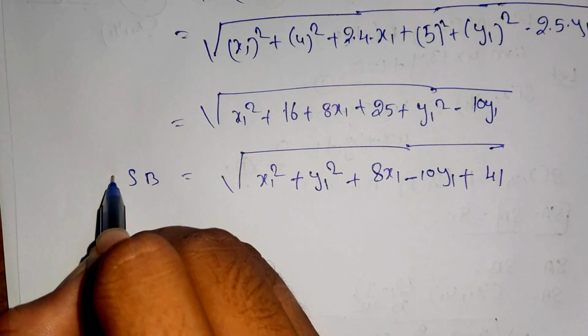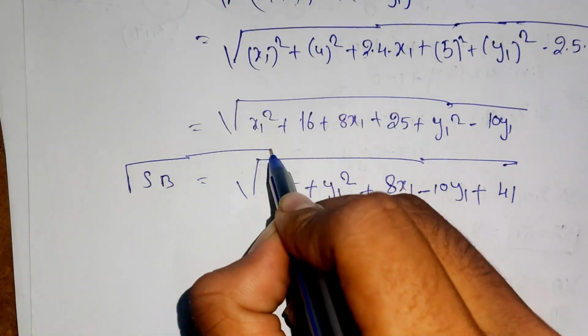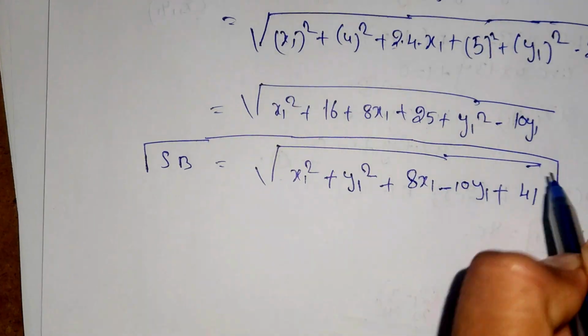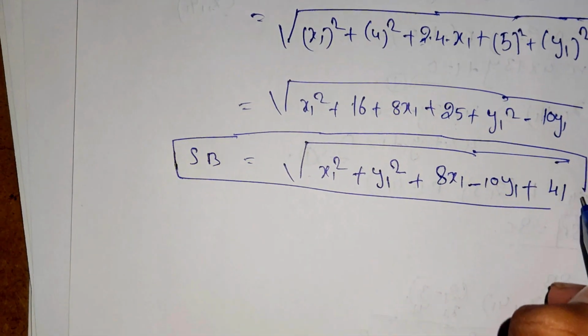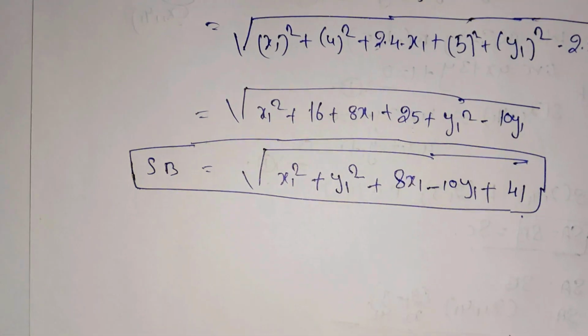The distance between the center and the B point. This is what we get.